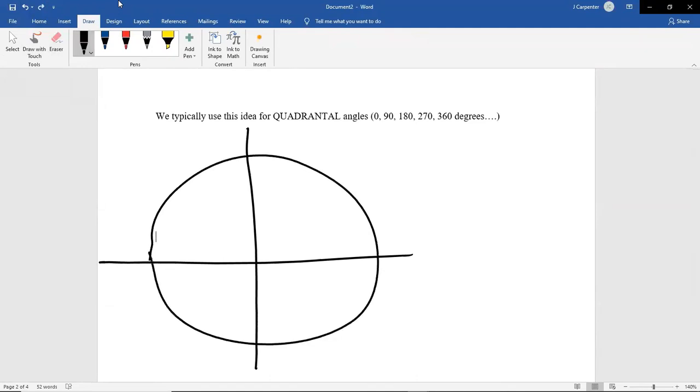Not a perfect circle, but good enough. So we're going to assume this radius is 1 again. That's not me pointing out any particular angle. We're going to specifically talk about 0 degrees, aka 0 radians. We're going to talk about 90 degrees, which would be pi over 2.